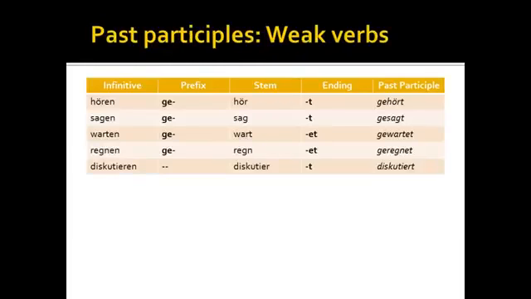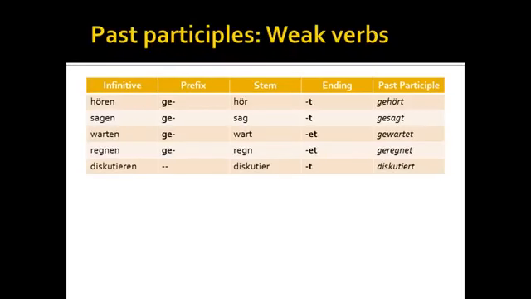Now, if you'll recall from the lecture on how to form the present perfect tense using weak verbs, it's very easy to form the past participle of weak verbs. Essentially, as you see on the screen, we take the stem of the verb, we add a GE prefix, and then depending on the ending of the stem, we add either a T or an ET.